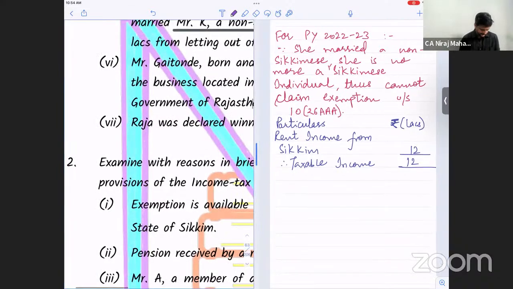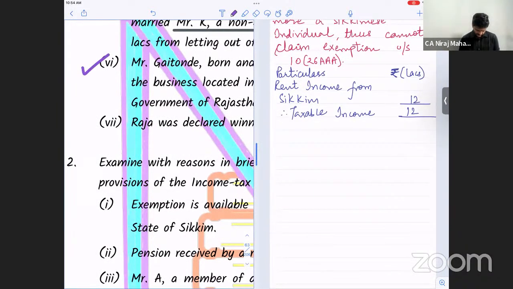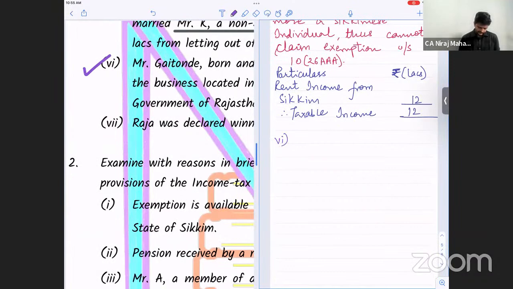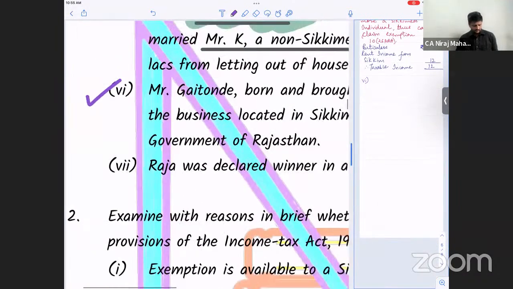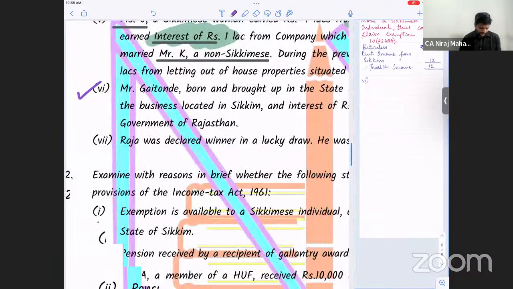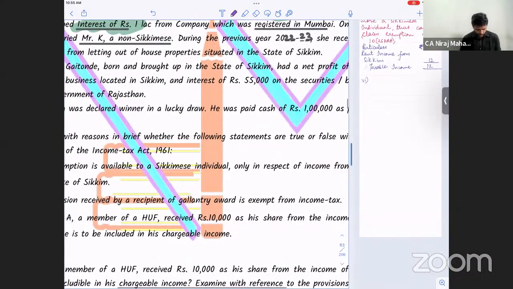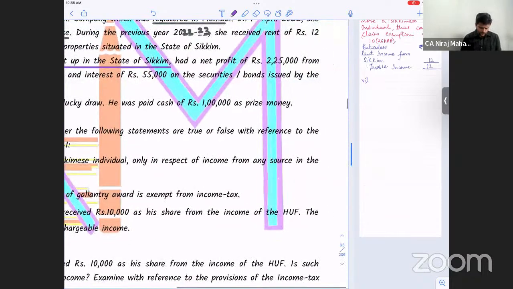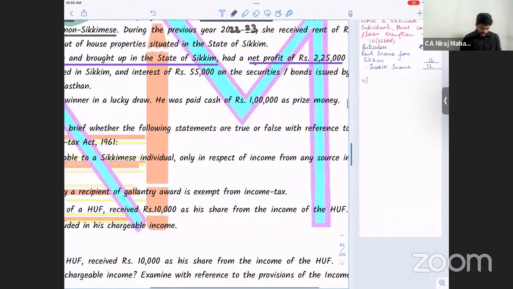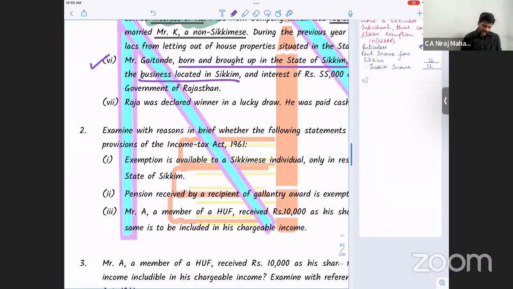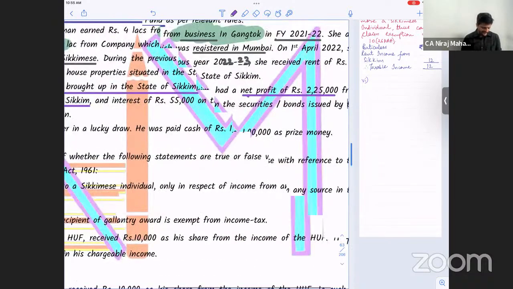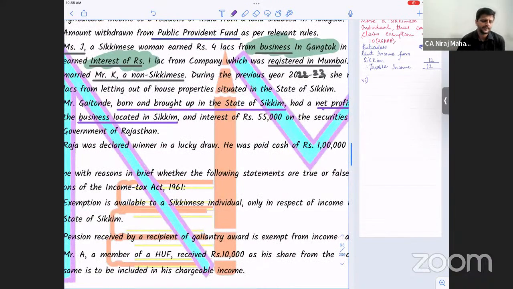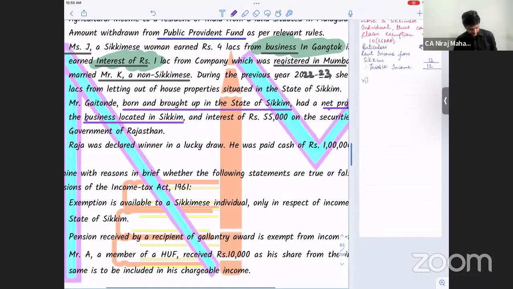Sixth one. Ready? Mr. Gaitonde, born and brought up in the state of Sikkim. So obviously we'll take him as a Sikkimese individual. He had a net profit of 2,25,000 from the business located in Sikkim, and an interest of 55,000 on the securities bonds issued by the government of Rajasthan. Tell me what will happen. Is this total income taxable, exempt, or partly taxable, partly exempt?